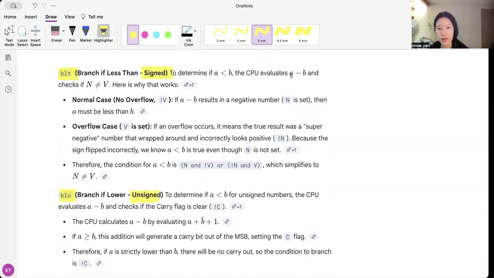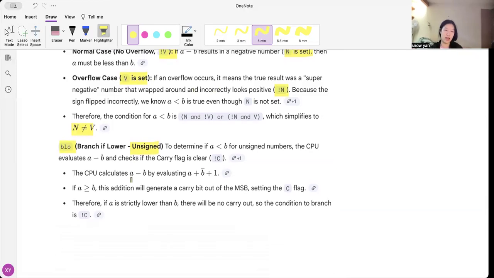Less than evaluates A minus B and checks if N is not equal to V. It works because in the normal case, when there's no overflow, so not V, it results in a negative number, so A must be less than B. In the overflow case, V is 1, and the result was super negative, so it looks incorrect, like it's positive. So then N is not equal to V. That's what we have.